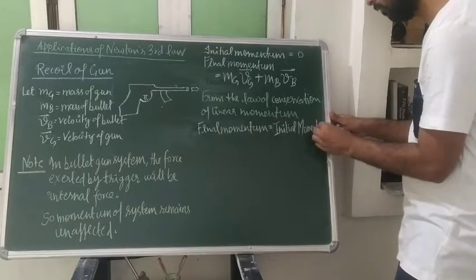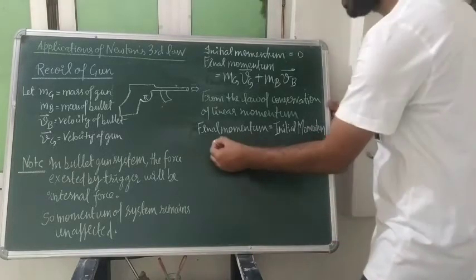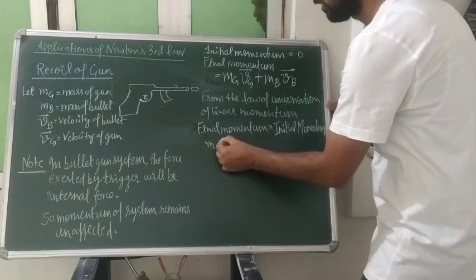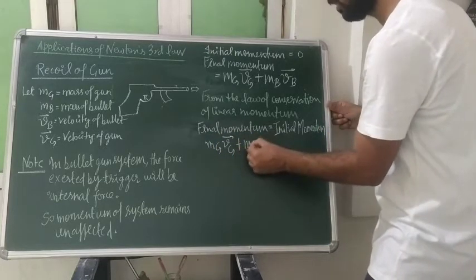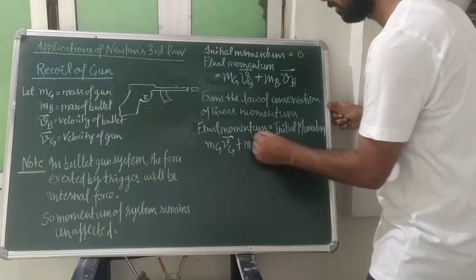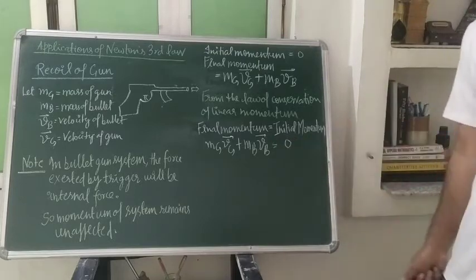Initial momentum. And what is the final momentum we are getting? mg vg plus mb vb as vectors, and the initial momentum was 0.